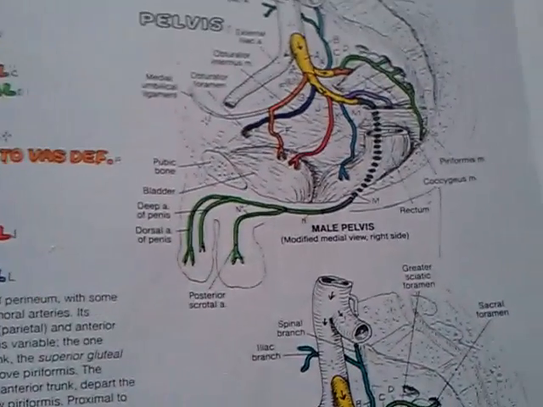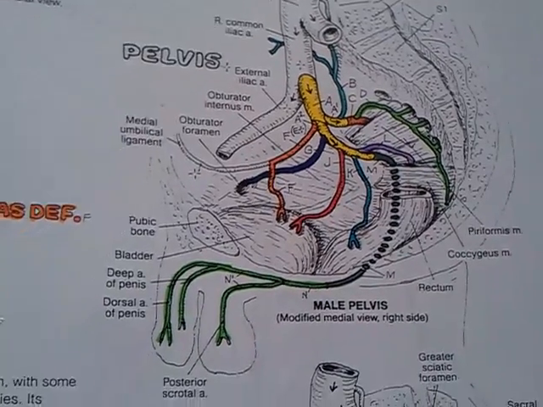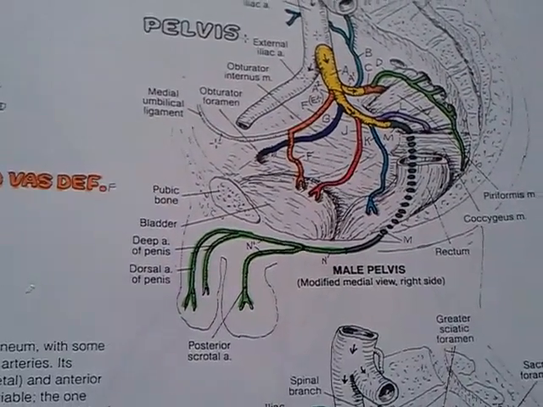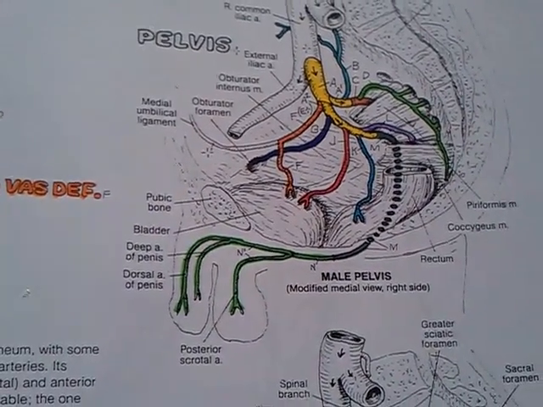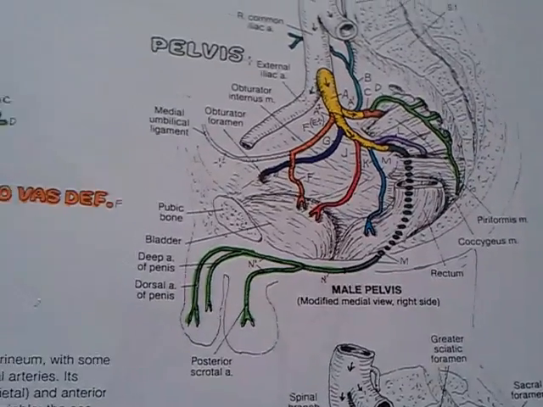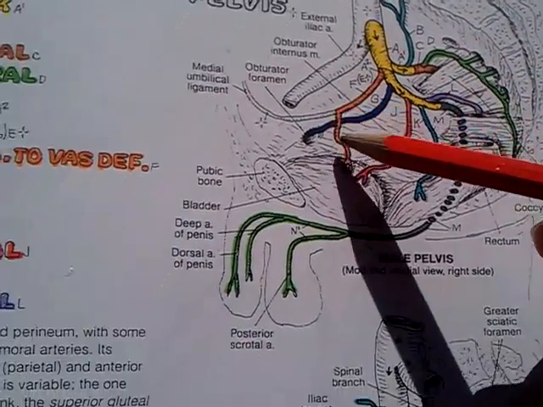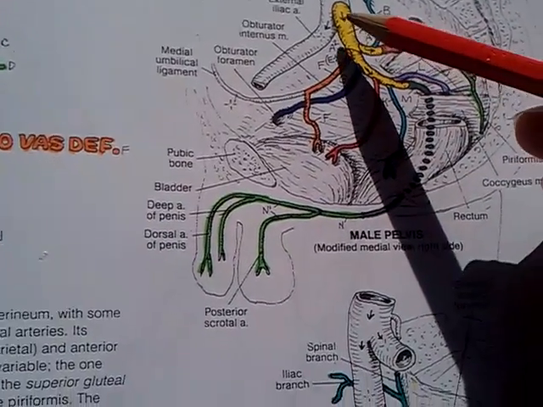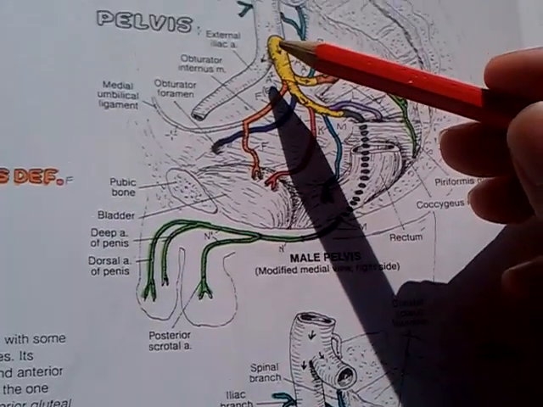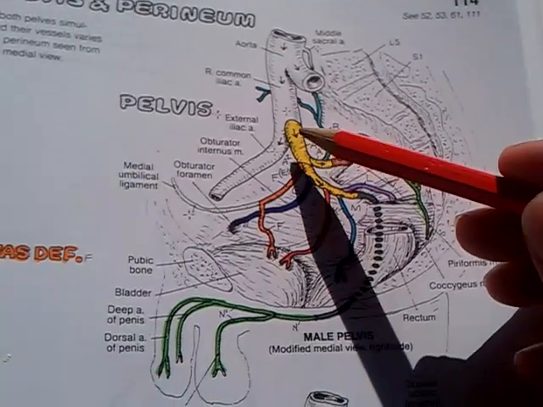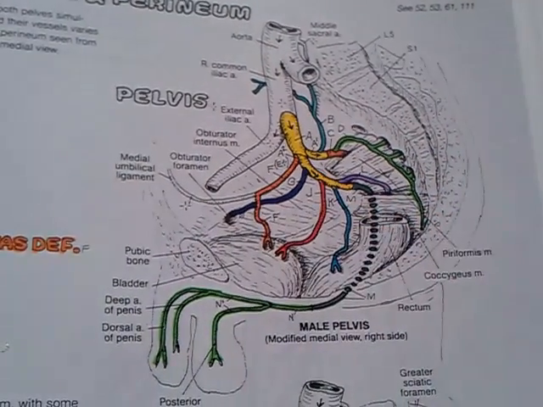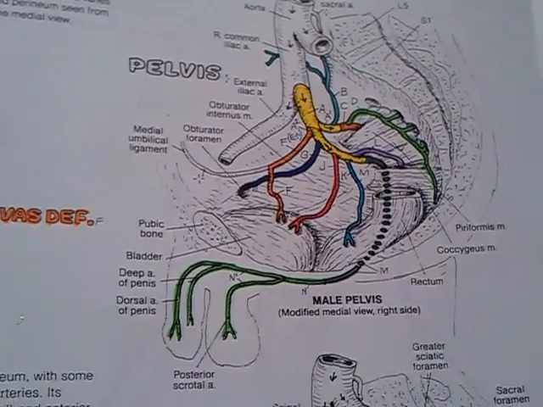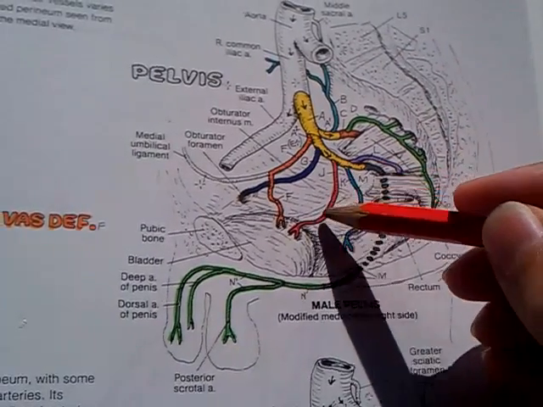The blood supply of urinary bladder. You have superior vesical artery from internal iliac. You also have inferior vesical artery here.